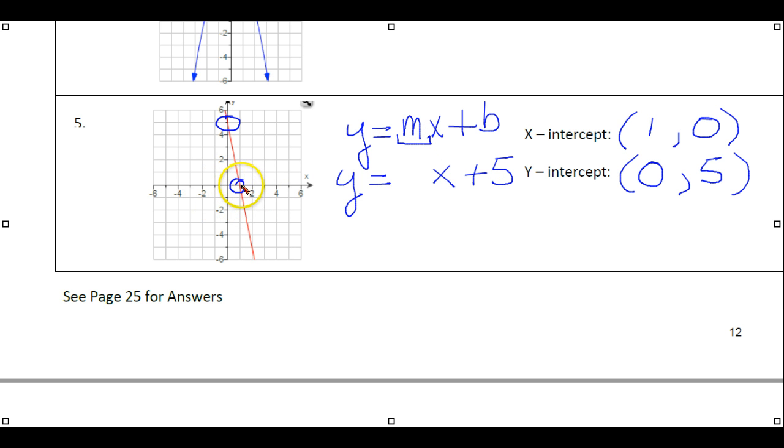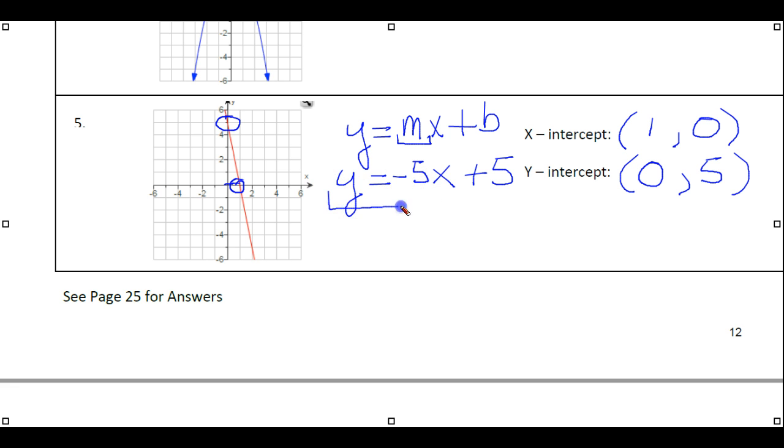Well, this is going from this point over 1 up 5. So what kind of slope is that if we make a little triangle right there? Over 1 up 5. And it's going to the left, so it's a -5 slope.